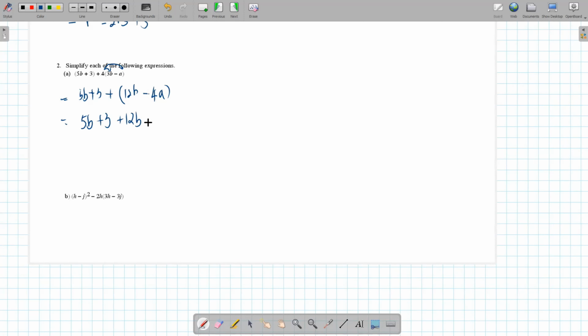Positive, negative, we get negative 4a. Look at this, we have like terms, right? So 5 plus 12, we get 17b. Then we have negative 4a plus 3. Let us rearrange in ascending order of the alphabet. So negative 4a plus 17b plus 3.